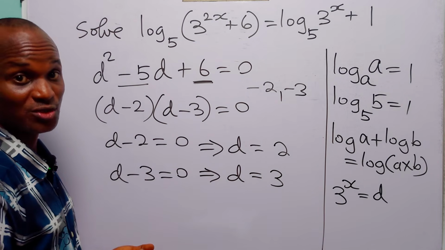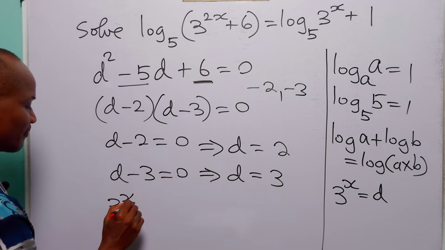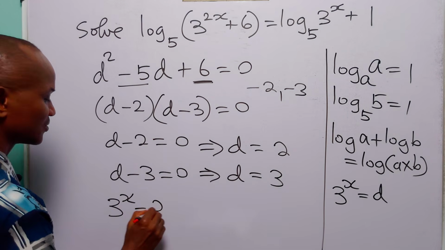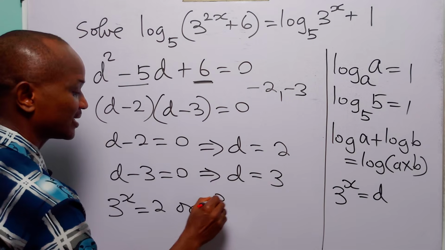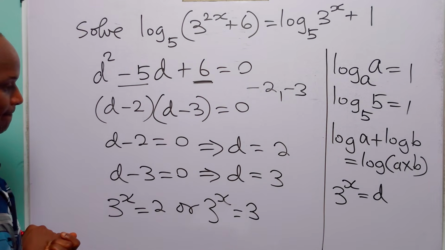So we have two values of d, which means that 3 to the power x can either be equal to 2 or 3 to the power x is equal to 3.